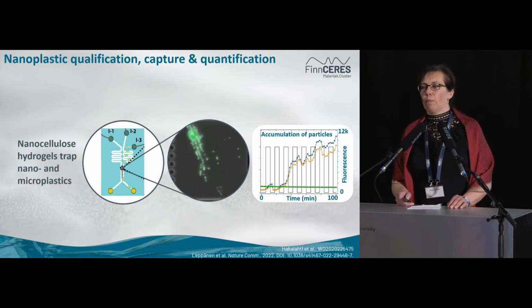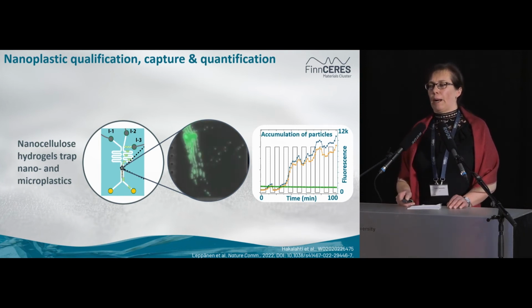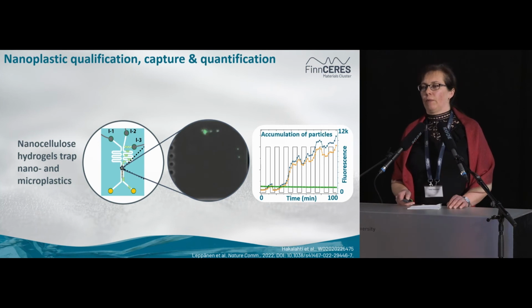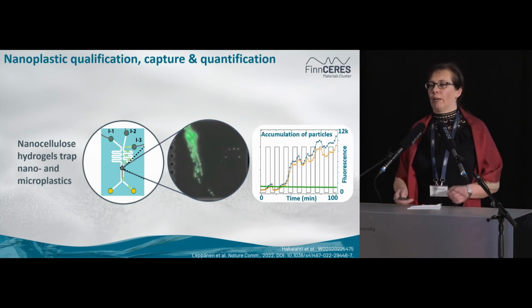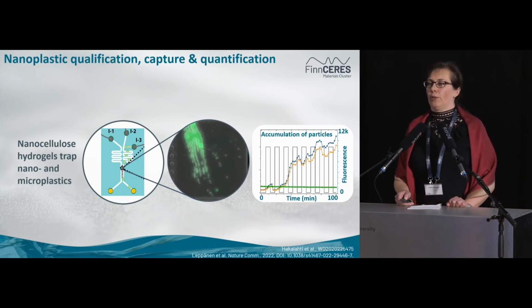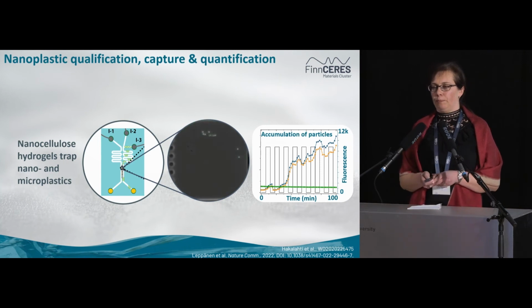With this microfluidic setup, where we use fluorescently labeled particles, you can see those fluidic channels in the presence of nanocellulose. You can see that the particles are quite well trapped once the water is conveying them inside the gel structure. So the particles are really accumulated inside the network.